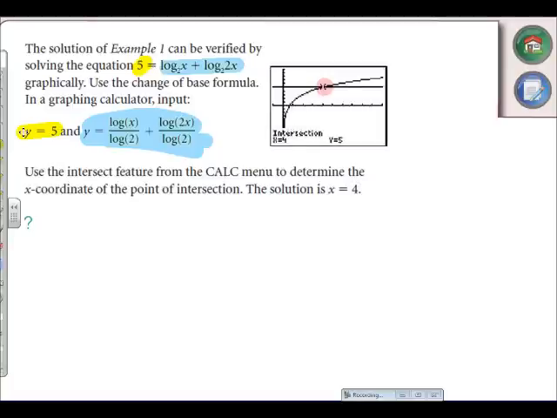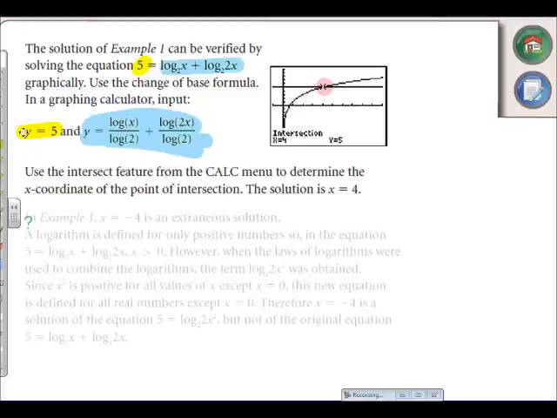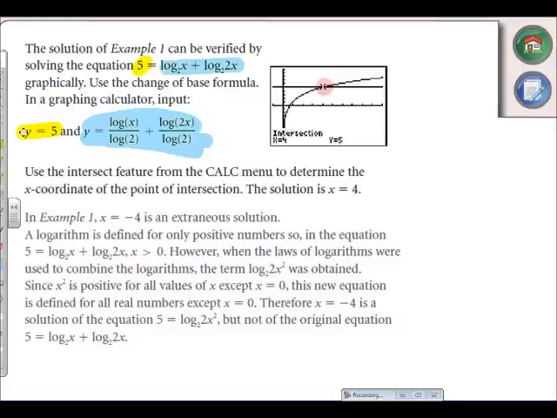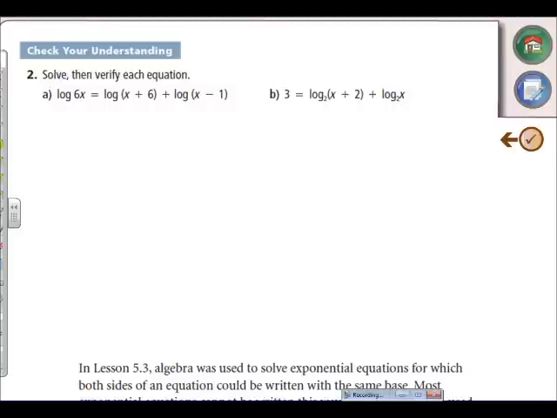Obviously the y is going to be 5 because that's what we graphed the left side. So 4, that's the only answer, not the negative 4 from their example 1. Use the intersection feature on the calculator there. Got her. And you can see all the way through, again, talking about the extraneous roots.